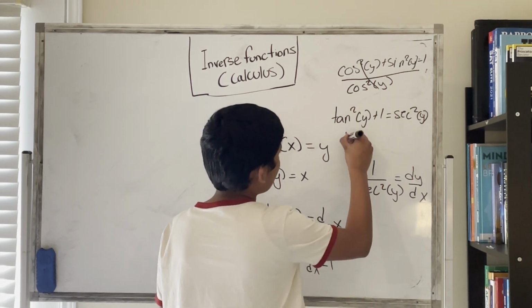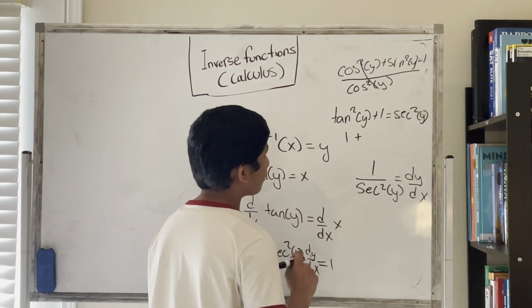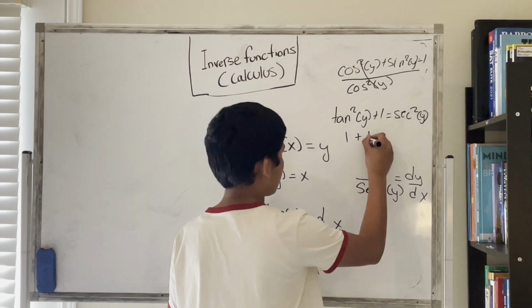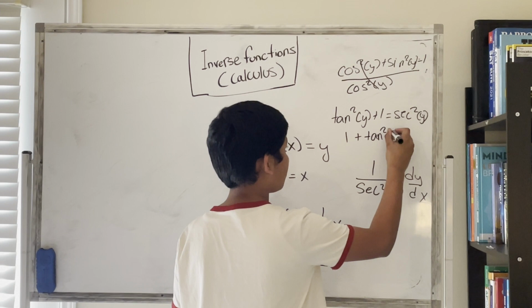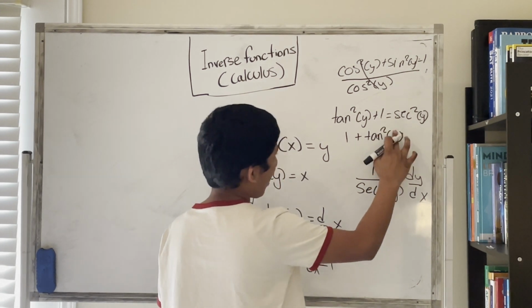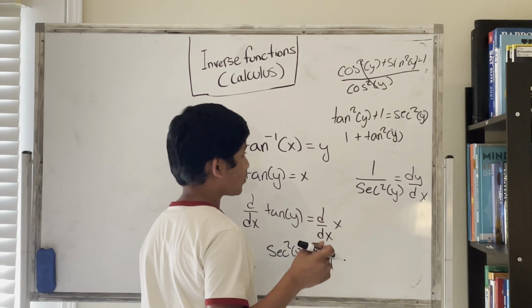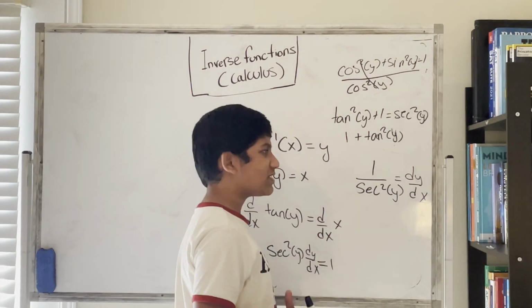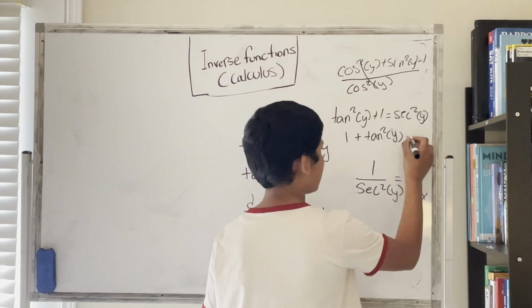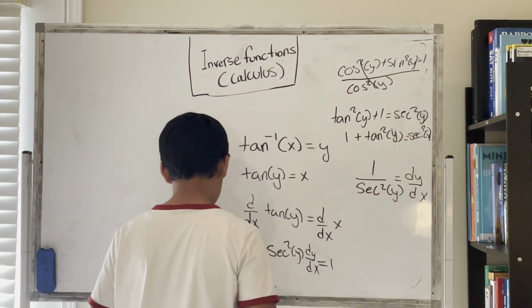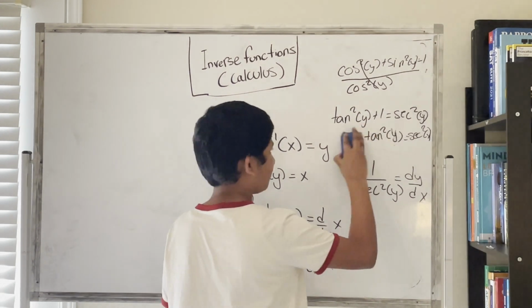So we'll get 1 plus sine squared of y over cosine squared of y, which is just going to be tangent squared of y, and then we'll just get 1 over cosine squared of y. We know that 1 over cosine is going to be secant, so this must be secant squared of y. And that's how we get this identity from the previous identity.